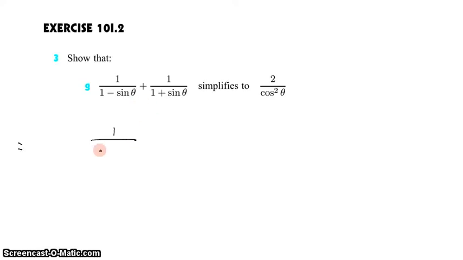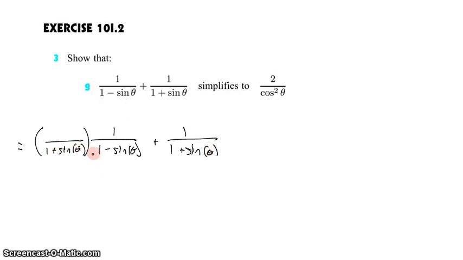Let's start with 1 on 1 take sine of theta plus 1 on 1 plus sine of theta. So this is just the same expression. What I'm going to do on this side is multiply by the denominator of the other fraction, 1 plus sine of theta.